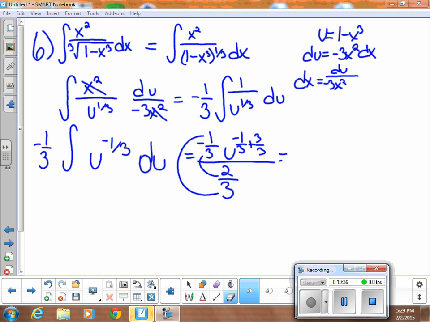So that gives me negative 3 over 6 u to the 2/3 plus c. Then we can reduce and plug back in our u. So it gives me negative 1/2 u to the 2/3.